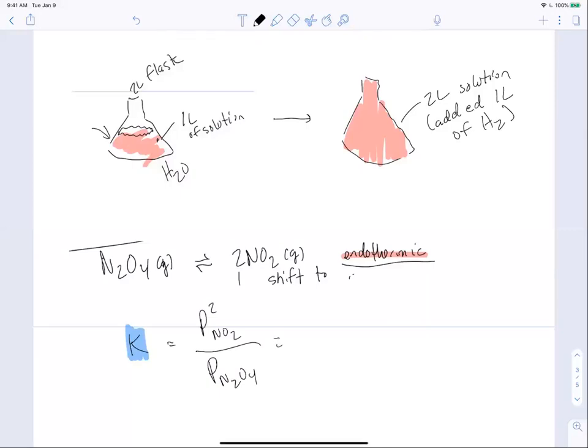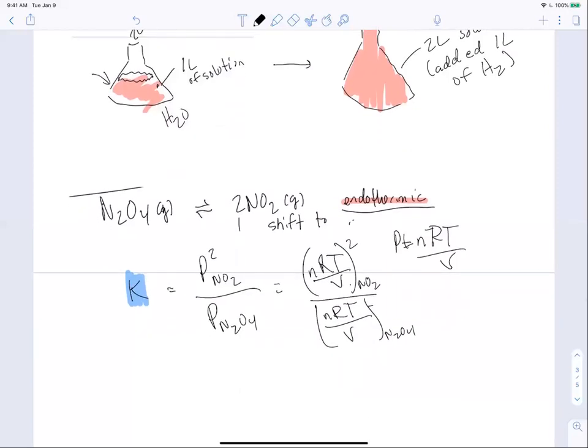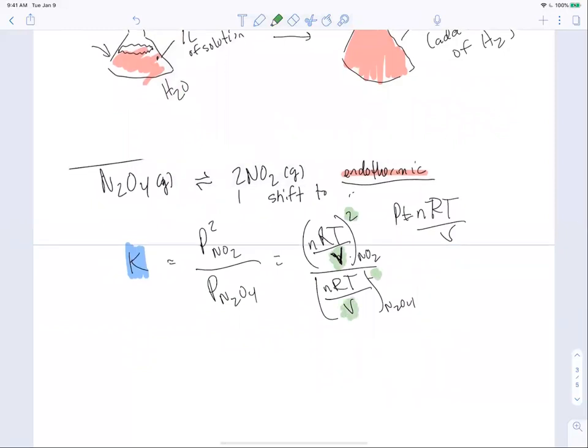If we write this out as nRT over V, the concentration in the numerator is going to change as the square, because that square is going to apply to the volume term, whereas down here, the concentration is just going to change to the first power.